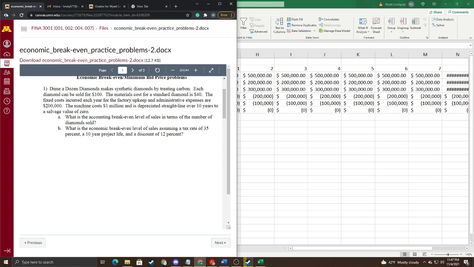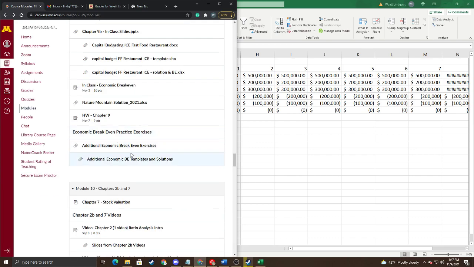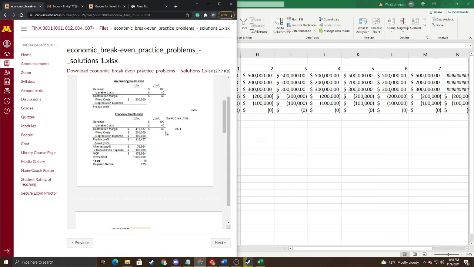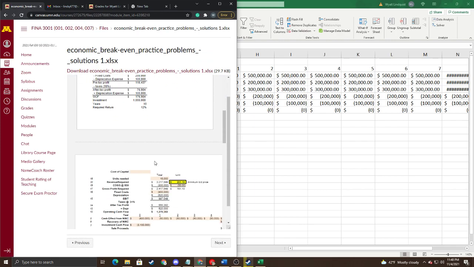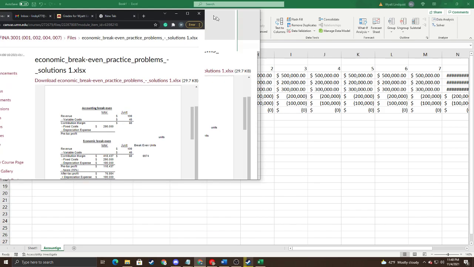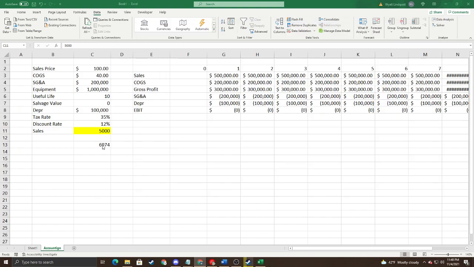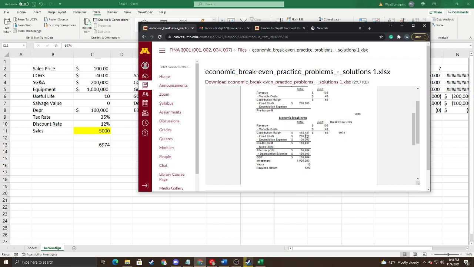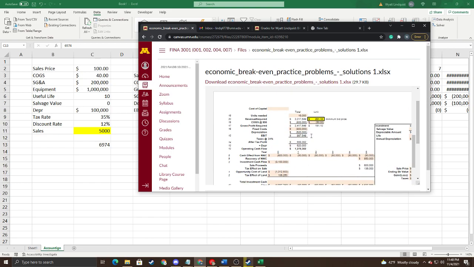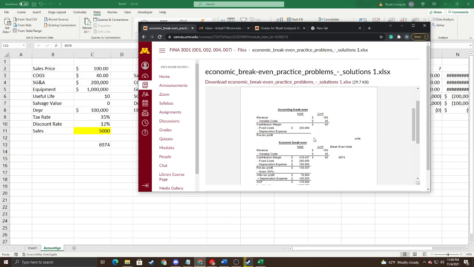And we'll go back and check the economic break even solutions here. Economic break even units. So the first one, 6,974. That was right for the economic break even. And then the accounting break even. Where is the accounting break even?